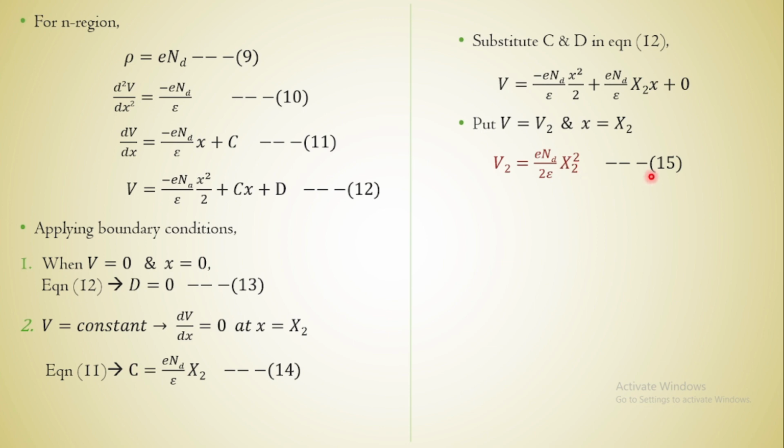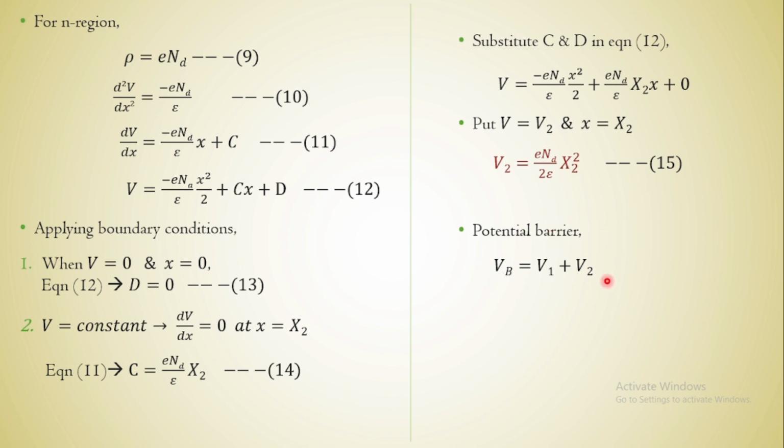So now we have found the values of V1 and V2, that is the potential at x1 and x2 respectively, which are the boundaries, or we can say the ends, of the space charge region. Making use of this, we can find the barrier potential, and the potential barrier at the junction will be Vb equals V1 plus V2.